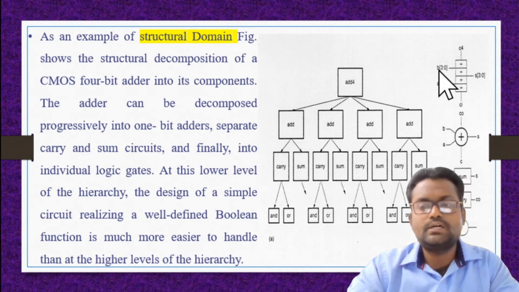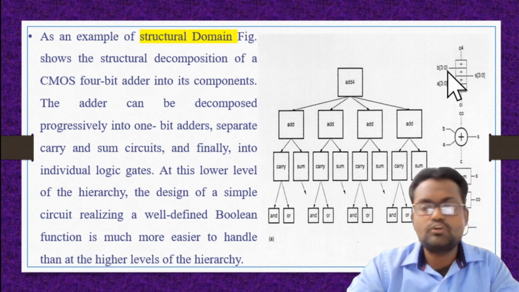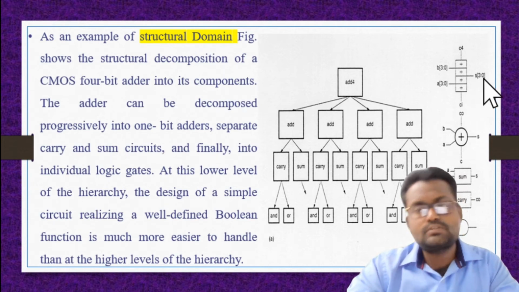Similarly, if the second input is also 4-bit, we can represent it by b3 colon 0. This c4 represents the carry out and cin represents the input carry. This sum 3 colon 0 represents the sum, which is also 4-bit.